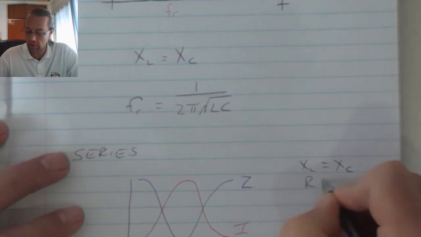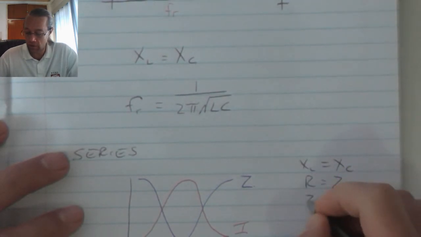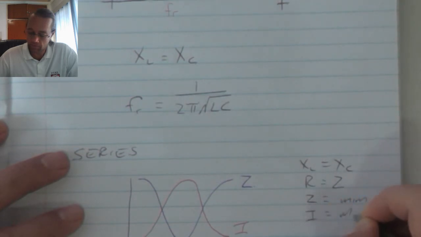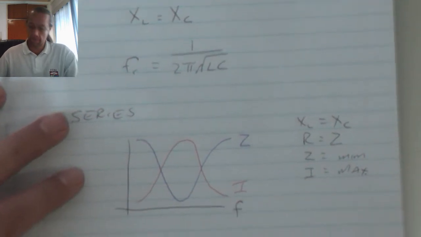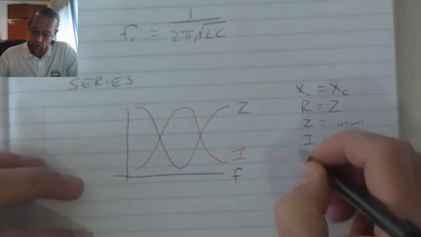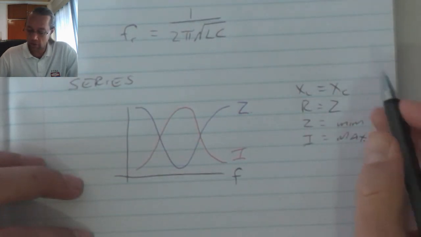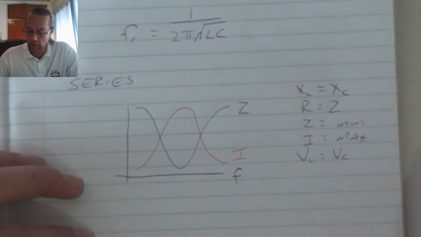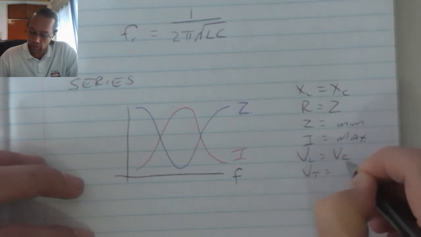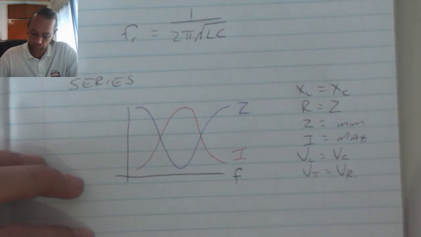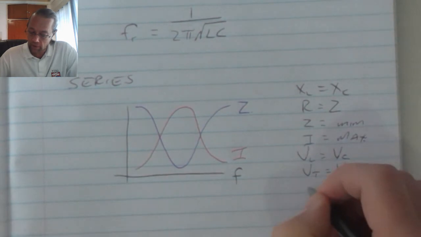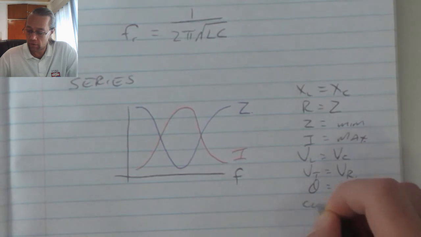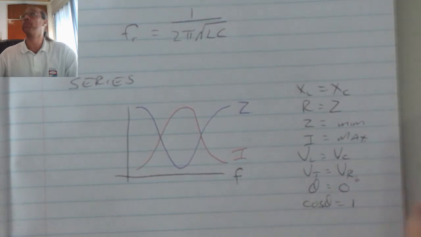As a result, the resistance is equal to the impedance. Impedance is at minimum, current is at maximum. Because inductive and capacitive reactances are equal, the inductive voltage is equal to the capacitive voltage. Total voltage is equal to the voltage on the resistor. Phase angle is equal to 0 degrees, and the power factor is equal to 1.